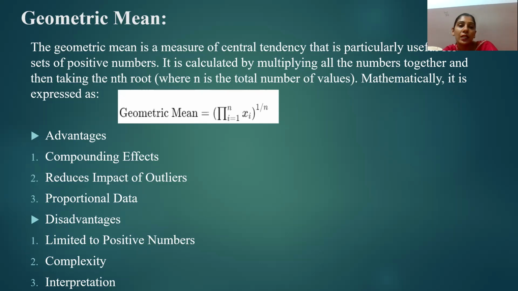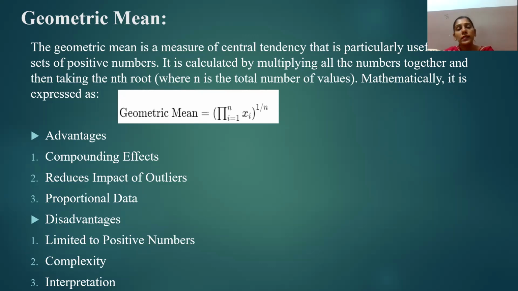It helps in calculating index numbers. It helps in calculating investment return. Basically, the geometric mean is used for large data sets where values can fluctuate, where values are added or subtracted very frequently from a data set.